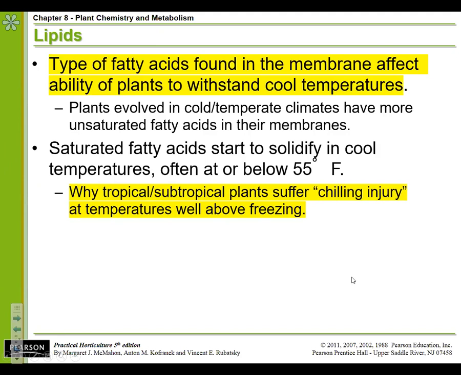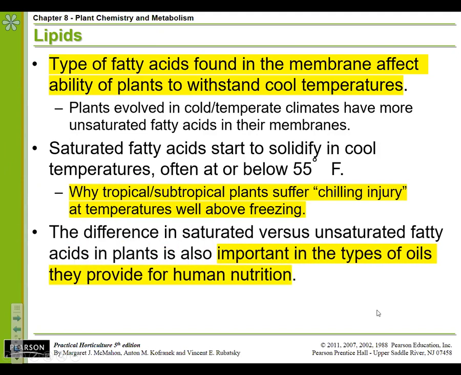And that is why we have tropical and subtropical plants that suffer chilling injury, potentially at temperatures well above freezing, even around 55 degrees Fahrenheit. The difference in the saturated versus the unsaturated fatty acids in the plants also is important in the types of oils that they are able to provide for human nutrition.